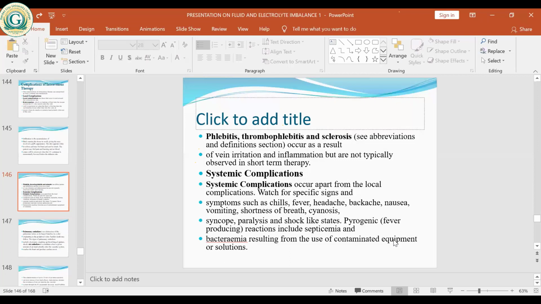So you could see signs of infection. The patient is going to show an inflammatory process and signs of chills, fever, headaches, backache, nausea, vomiting, shortness of breath, cyanosis, syncope, paralysis, and a shock-like state. Pyogenic or fever-producing reactions include these.